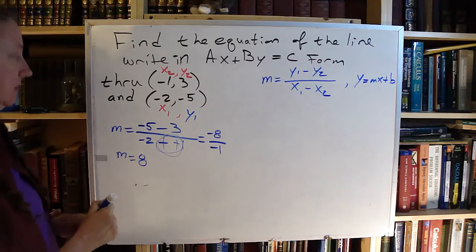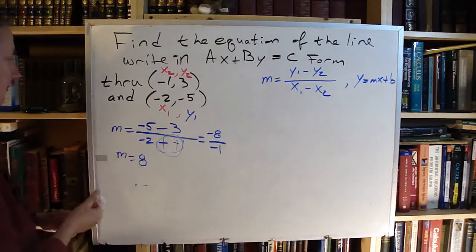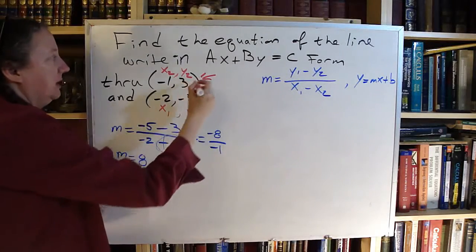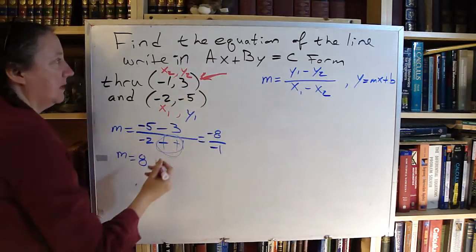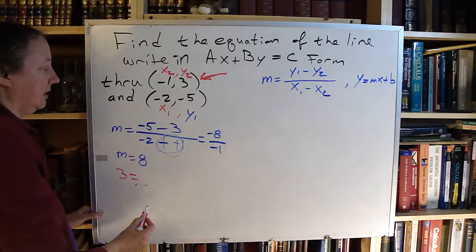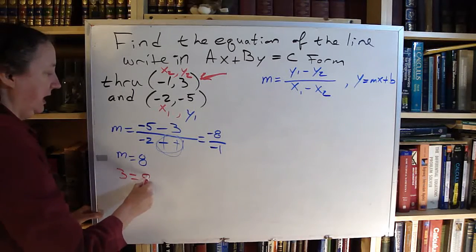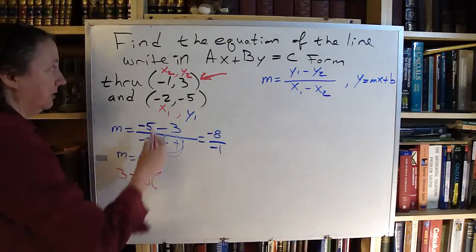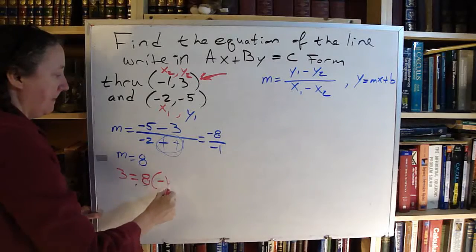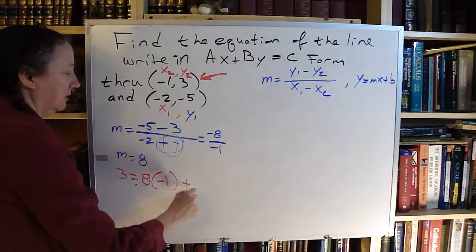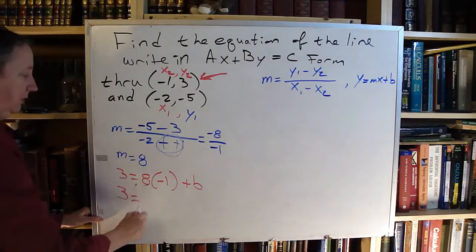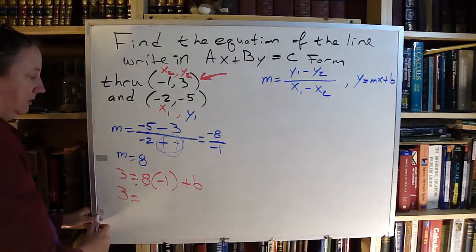I need to find b still. So I'm going to take one of my points, doesn't matter which one. I'm going to choose this one just because. So I have y equals, so 3 equals mx, so that's m, I just found m, that's 8, times x, I'm using the 3, so I have to use that negative 1, plus b. Carry down my 3 equals, 8 times negative 1 is negative 8.